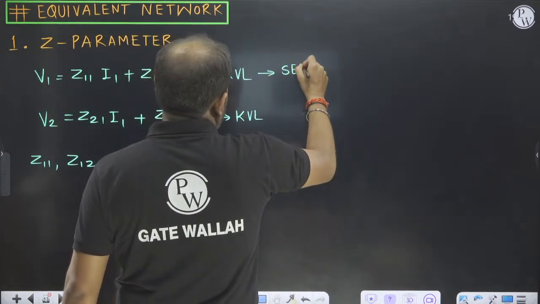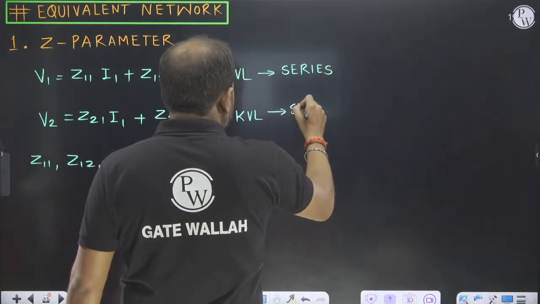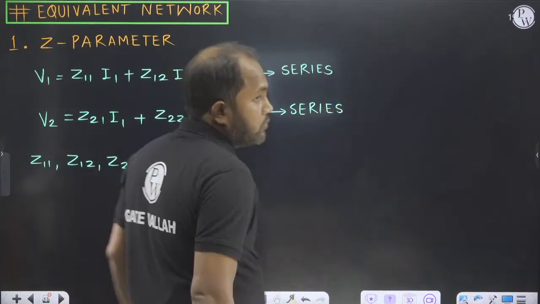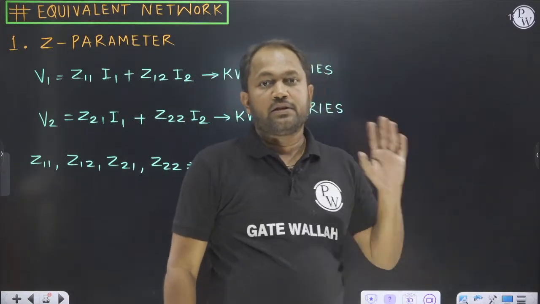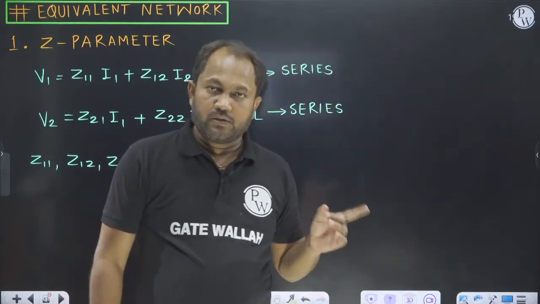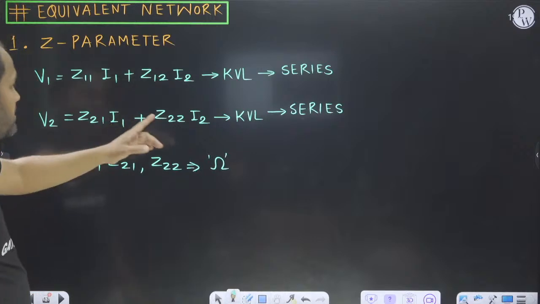So this is a series network, and this one is also a series network. Always try to find: voltage, KVL, series; current, KCL, parallel. Always think like this. So this one is series.